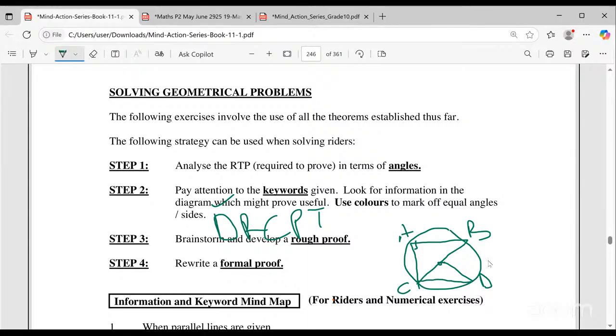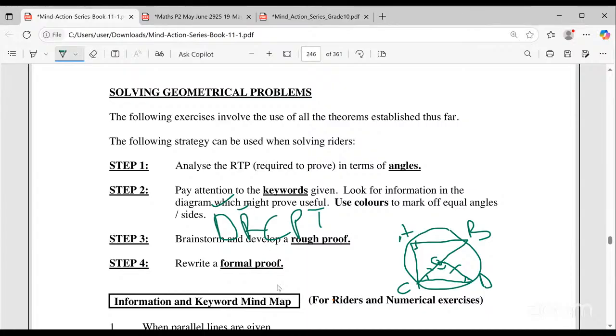Then you can use this information. These are radii, OC is equal to OD. This is an isosceles triangle. Now you can highlight that this angle is going to be equal to that angle. Then if you have this angle already and this angle, you can work out that angle there. Okay, then we are done with that.